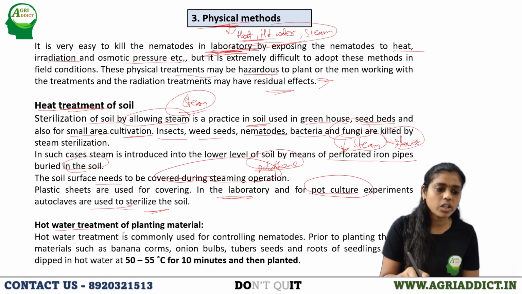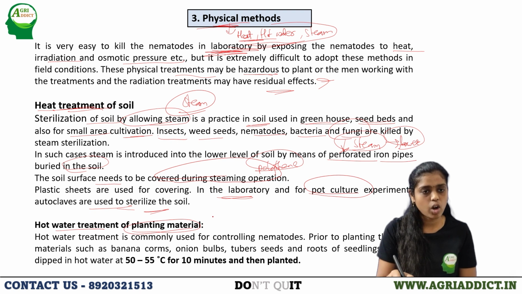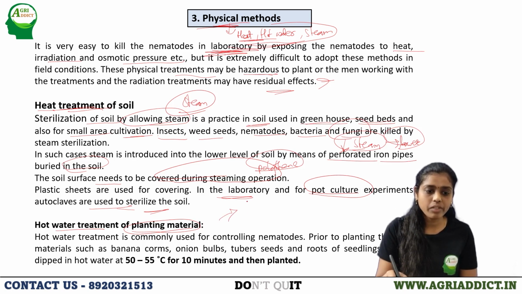And next is hot water treatment of planting material. Planting material like corms, tubers, or onion bulbs will be dipped in hot water at a temperature of 50 to 55 degrees Celsius for around 10 minutes.